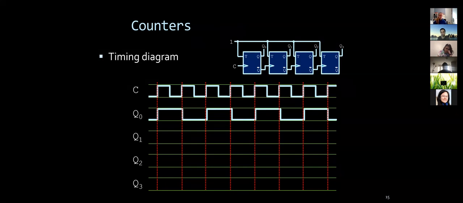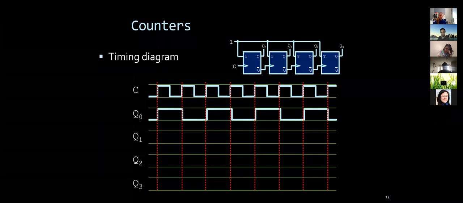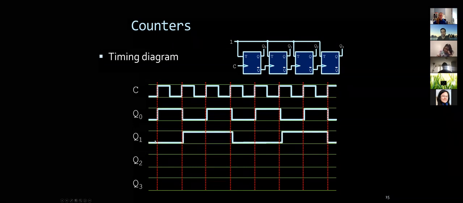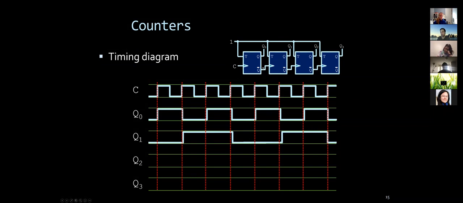Okay, let's look at the next one. That's where the interesting stuff starts. Let's look at Q1. Q1 monitors when Q0 changes, not when the clock changes. Q0 changes, as you can see, much more rarely.